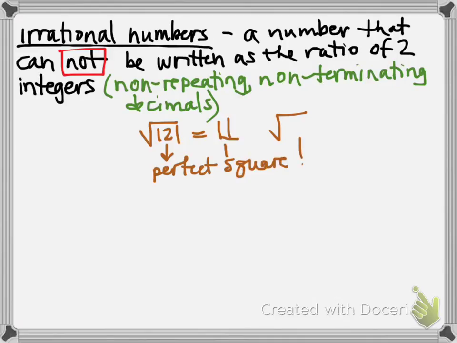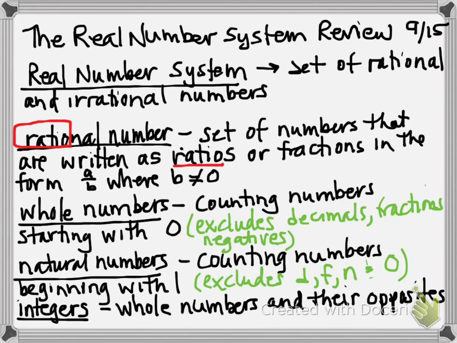Okay. So one thing I want to go back and look at is the rational definition: a set of numbers that can be written as ratios or fractions in the form a over b. Let's add something to this definition of rational. Form a over b, where b can't equal 0, and a and b are integers.